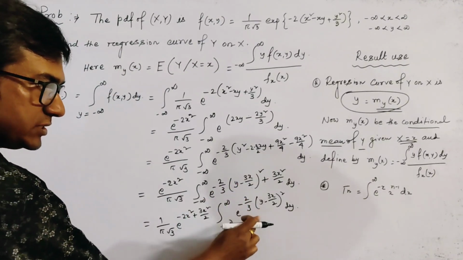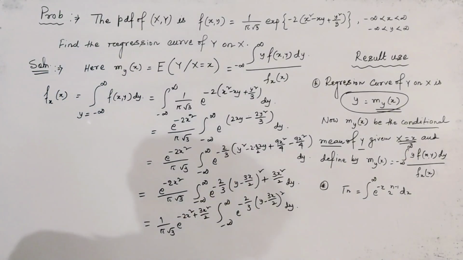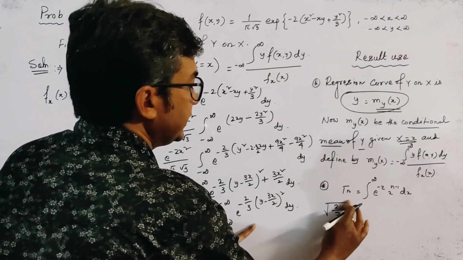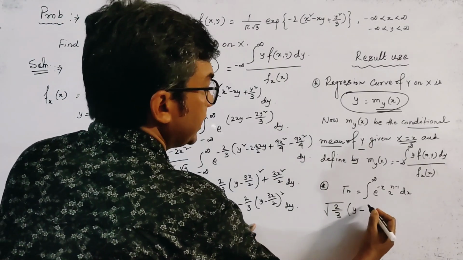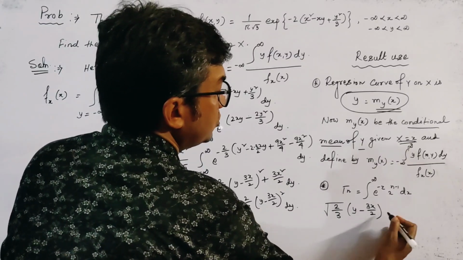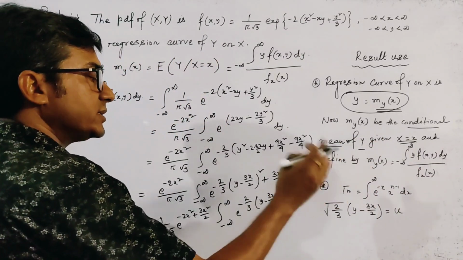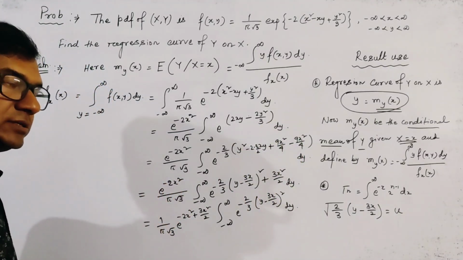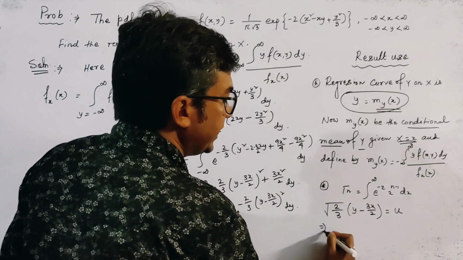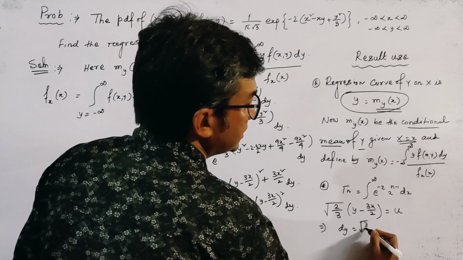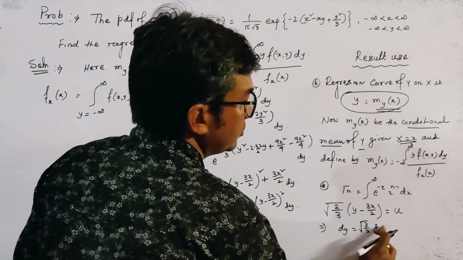Now to integrate this, we put root 2 by 3 into (y minus 3x by 2) equal to u. Okay, and here x is a constant. Now differentiating, we get dy equal to root 3 by 2 into du, right?